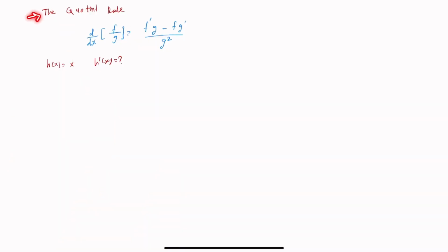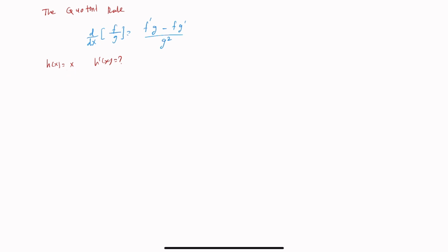Now I want to use the quotient rule. Remember, the quotient rule applies when we have two divided functions. It's going to be the derivative of the first function multiplied by the second function minus the first function multiplied by the derivative of the second function, all over the second function squared. And then again, our function is x.